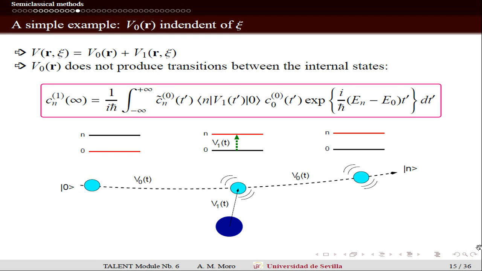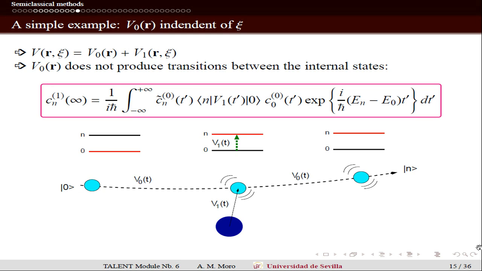At some point, the V1 acts on the projectile and produces maybe some excitation to one state N. So this is what produces the transition 0 to N. This produces some excitation. And then the system evolves in time with the V0 that cannot change again the state of the system. So here in red is the state that is populated at each instant. So in the final state we end up in this N state.